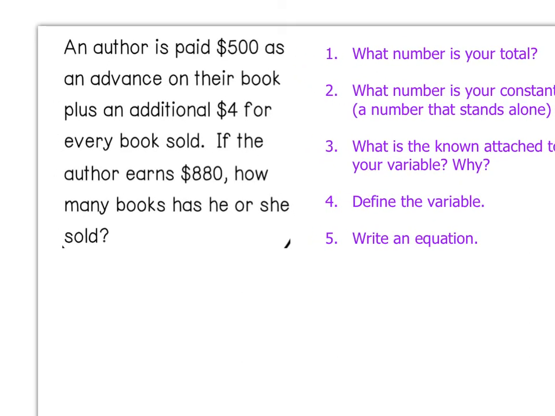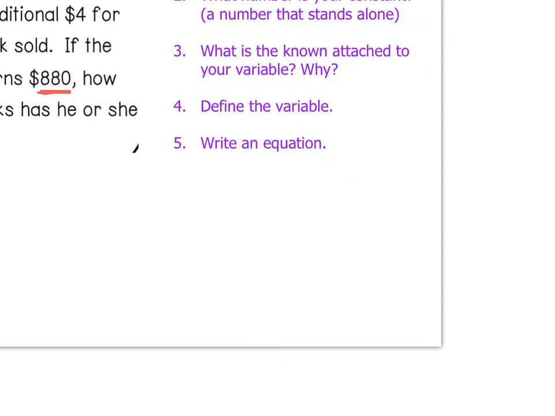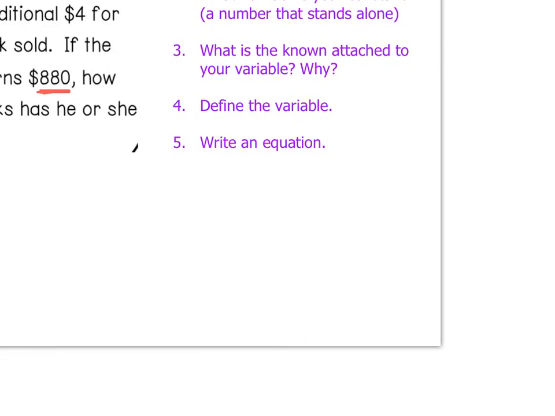So what is the total amount that he earns? And the total amount is $880. So the total is $880. So over here, down on the bottom, I'm going to write it. We're going to start doing our equation.